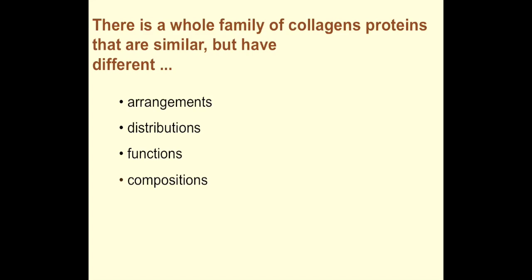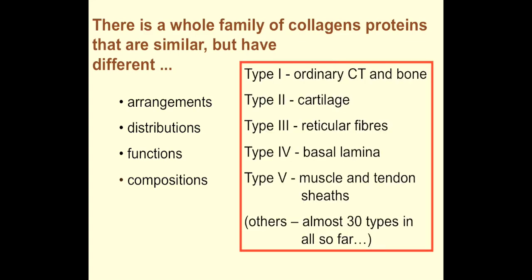In fact, in the human body, so far we've identified around 30 or more different types of collagen. These are the most common types. Type 1 collagen we find within ordinary connective tissue and bone. Type 1 was the first to be discovered and characterized, and it's the most abundant in the human body. Type 2 collagen we find specifically in cartilage.